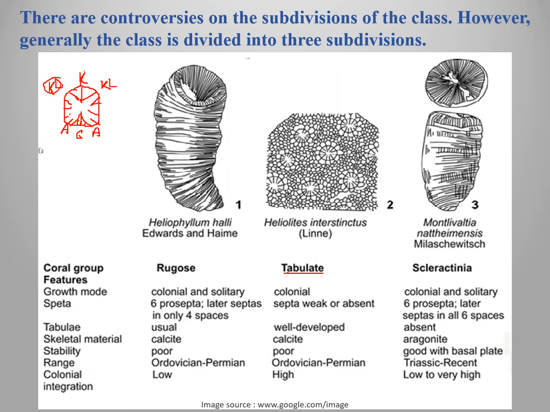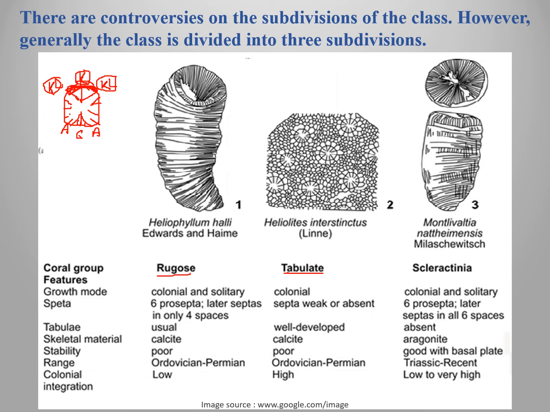Between these two protosepta, there are no metasepta in rugose corals. So in this portion, from one counter lateral to another counter lateral including the counter cardinal, there are no metasepta in rugose corals.